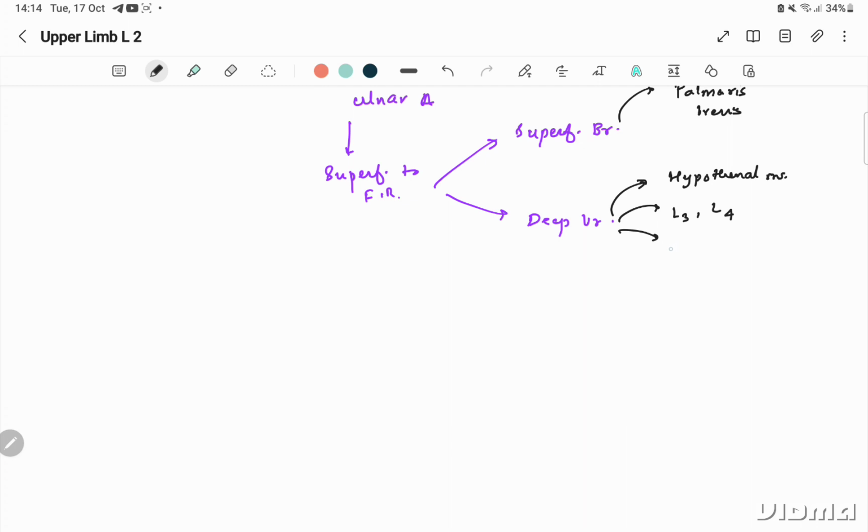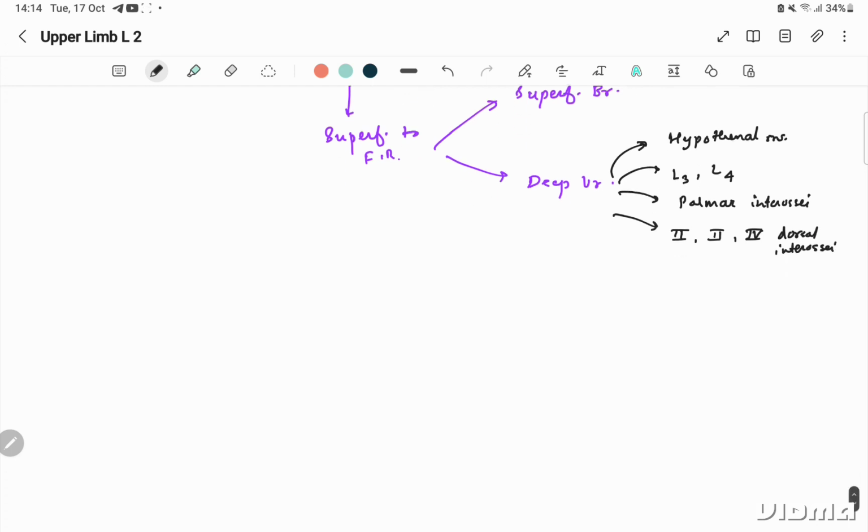It supplies all the palmar interossei. It supplies the second, third and fourth dorsal interossei also, and it also supplies the adductor pollicis.